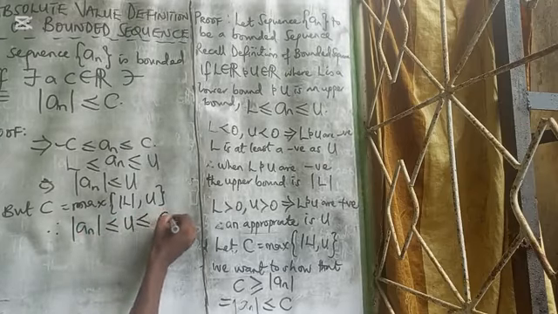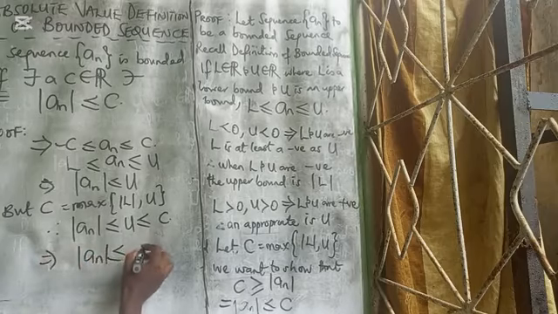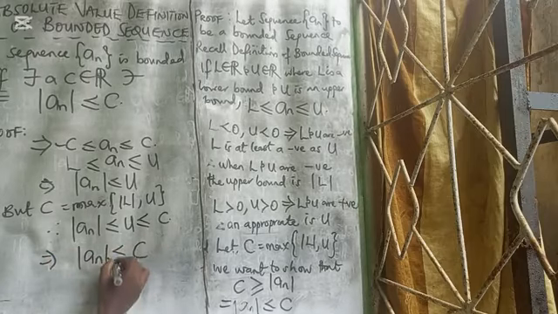Less than or equal to C. That implies that absolute value of A sub n is less than or equal to C.